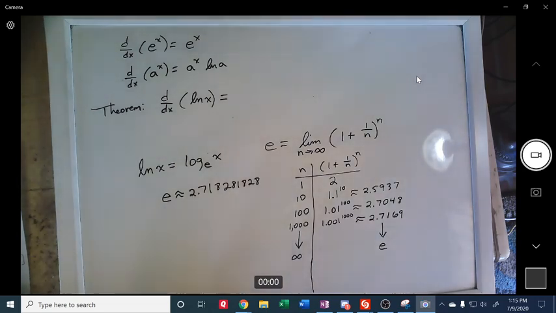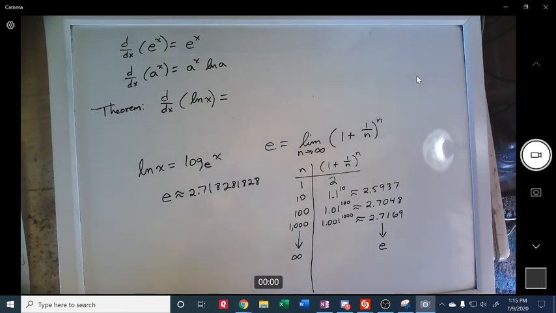And if I had a full day to devote to this, I could have you go through compound interest and show you that if you take $1 and you get 100% interest, compounded one time a year, you'll get $2 at the end of the year.